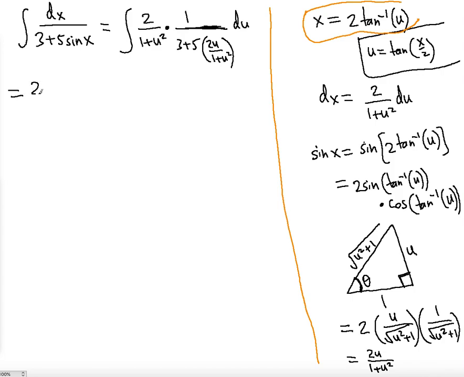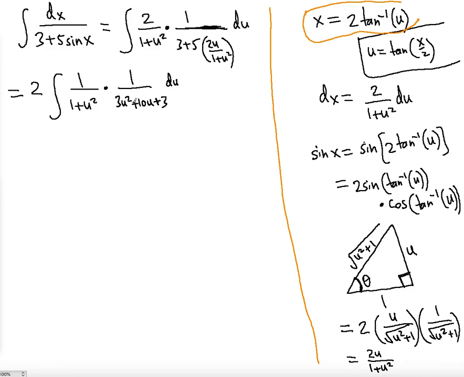Let's put 2 outside, 1 over 1 plus u squared times 1 over, and this simplified is going to be what? 3 plus 3u squared plus 10u, right? So let's use it as 3u squared plus 10u plus 3 du.